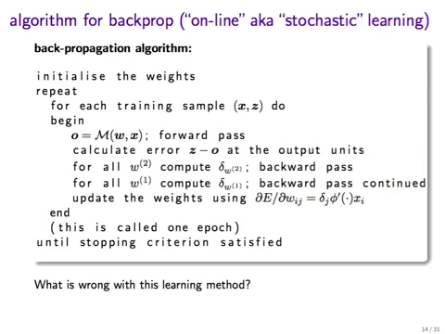Remember that in the first neural network lecture I introduced this method of learning. For a specific sample, you compute the output of your neural network, you compute a residual, you propagate it back, and then you adapt your weights.